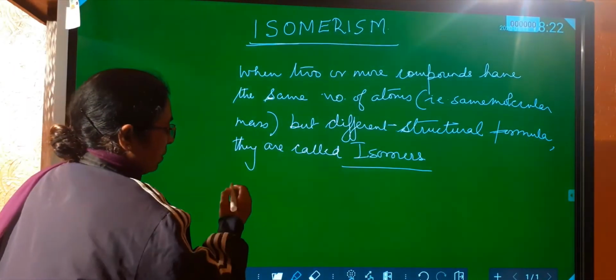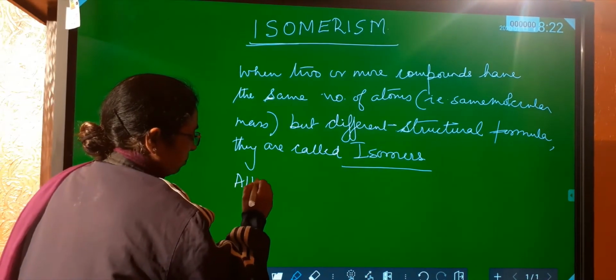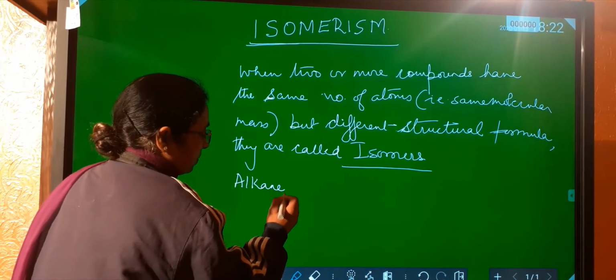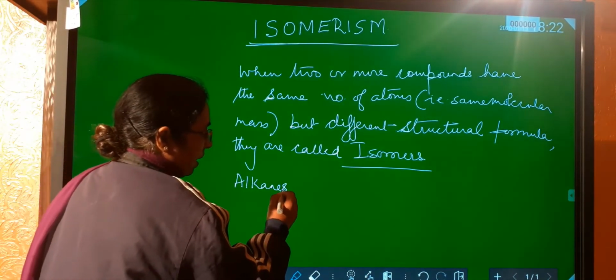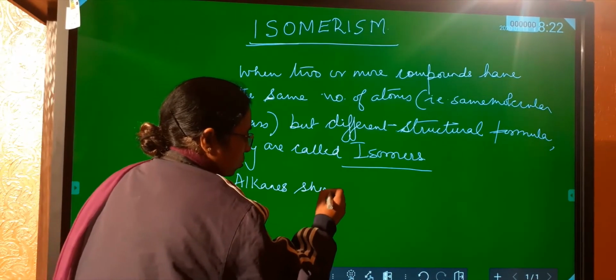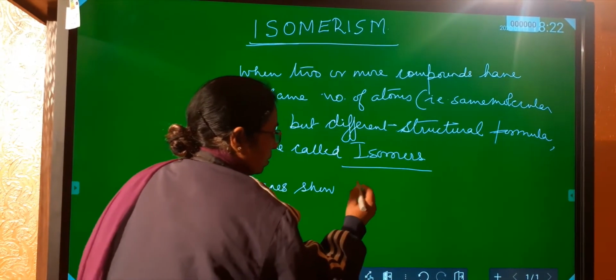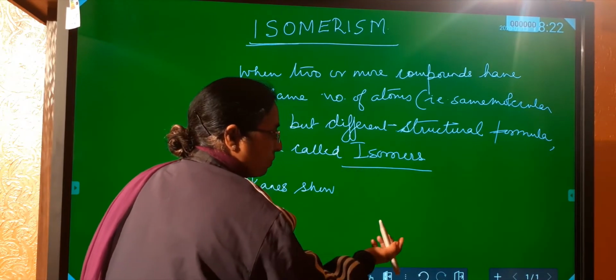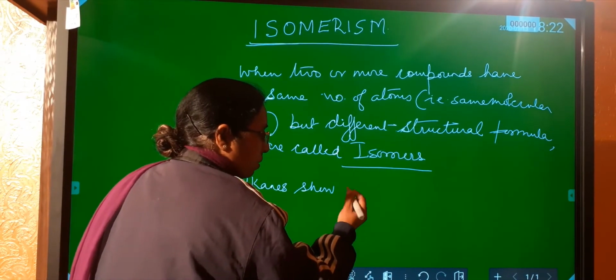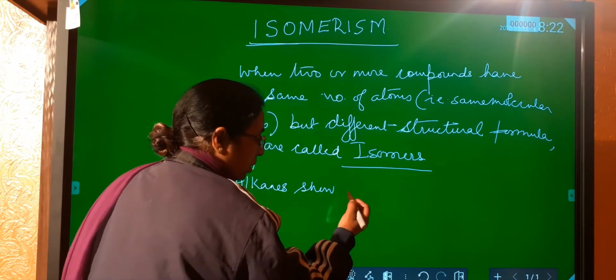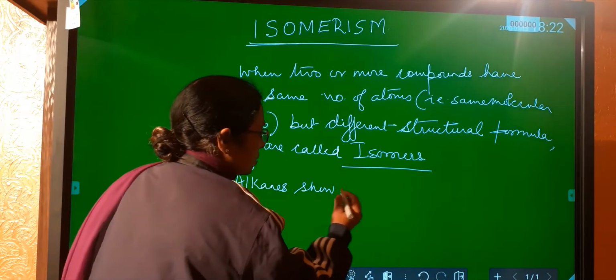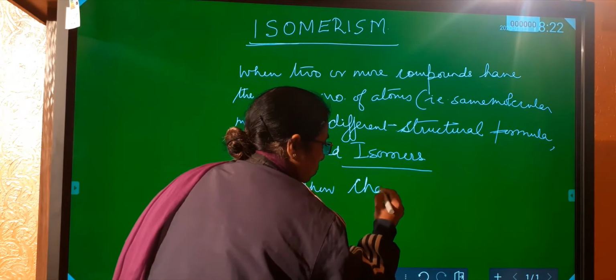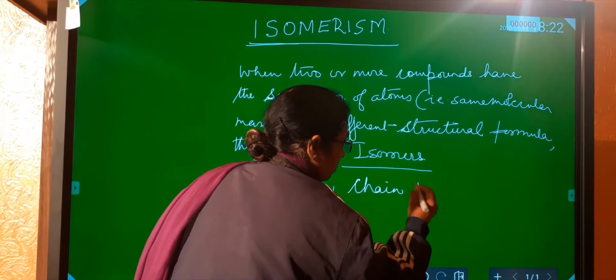Now simple alkanes show isomerism. Isomerism is of different types, but in your course you have to learn about only the simple one. Alkanes show chain isomerism.